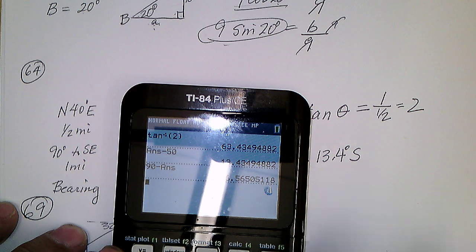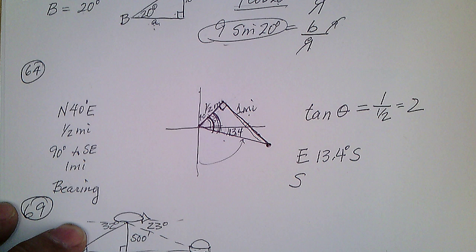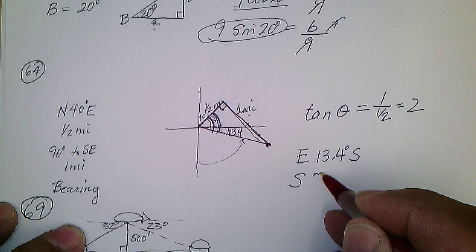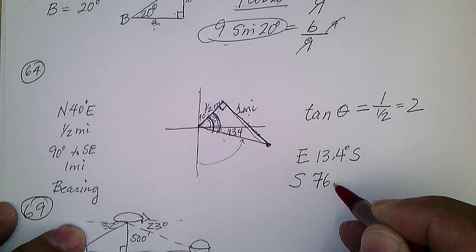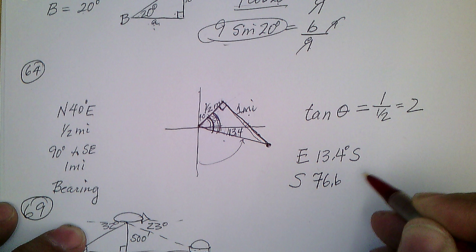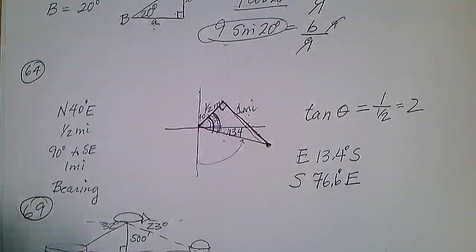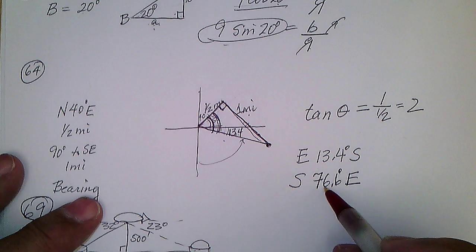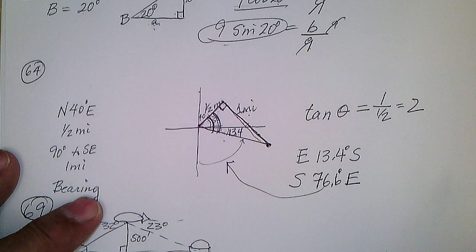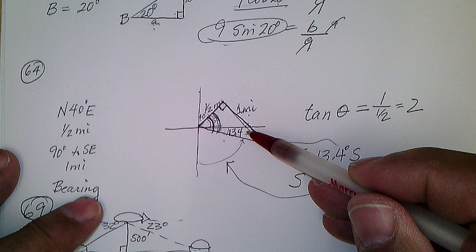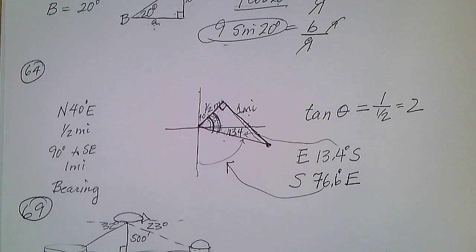And that is 76.6. 76.6 degrees east. Either one of those would work. This would be this angle, or this would be that angle in there. Okay?